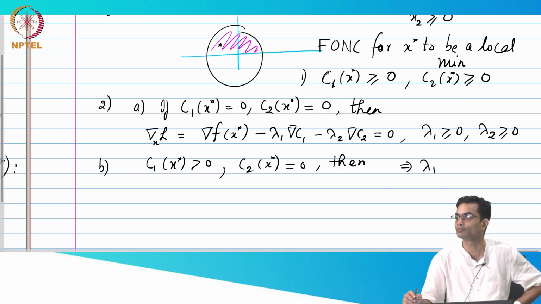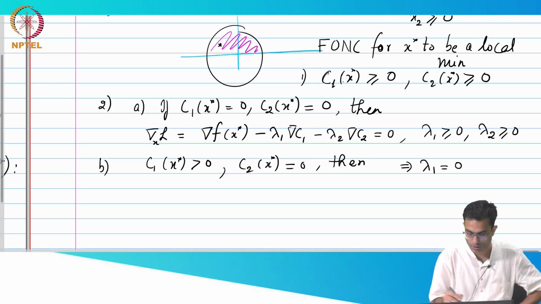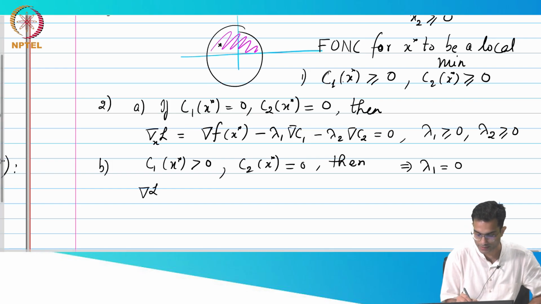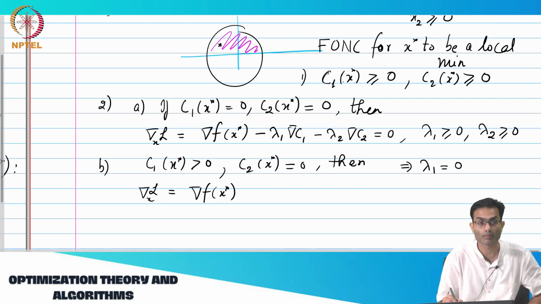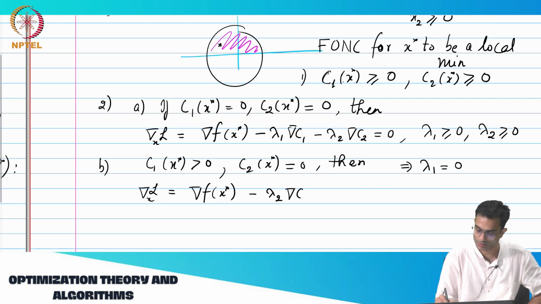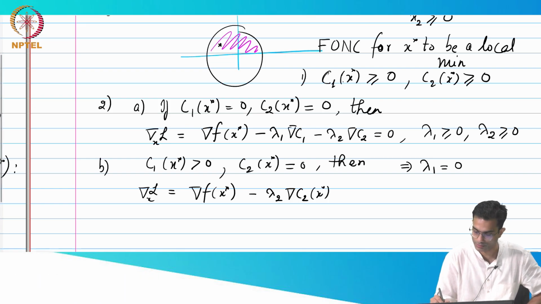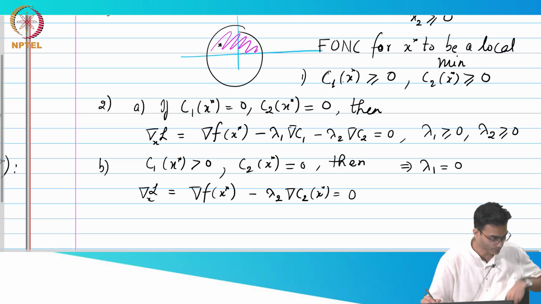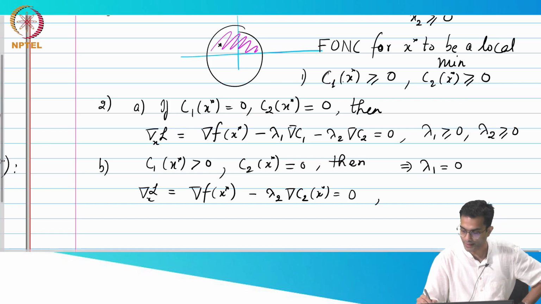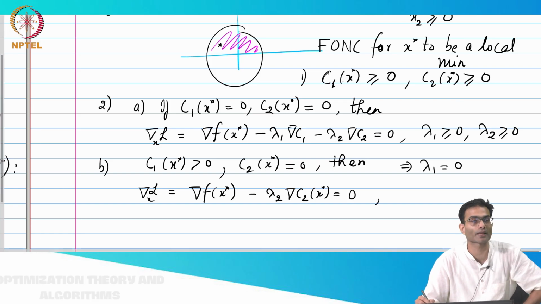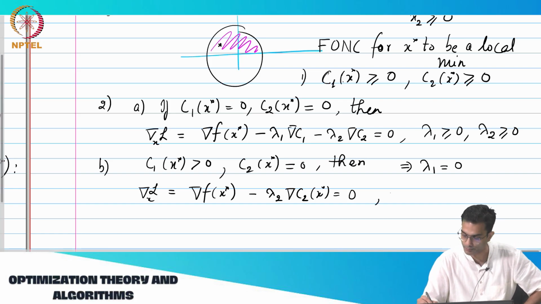Lambda 1 should be 0. So the gradient of the Lagrangian will give me grad f(x star) minus only lambda 2 grad C2(x star) equal to 0. And is there any condition on lambda 2? Lambda 2 should be greater than equal to 0.